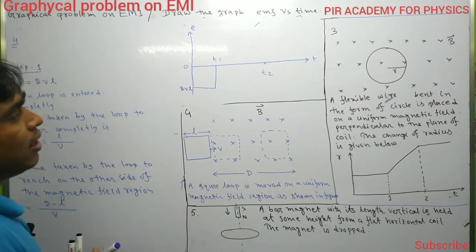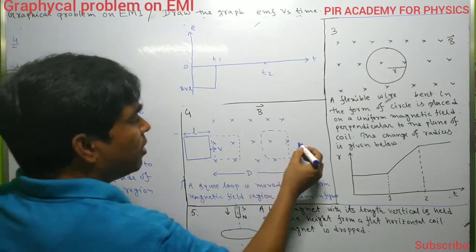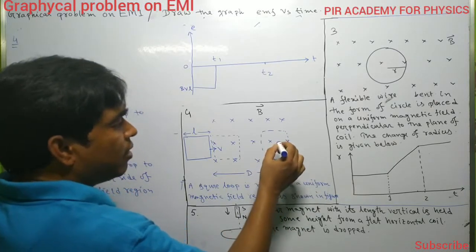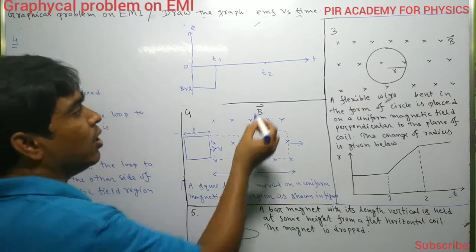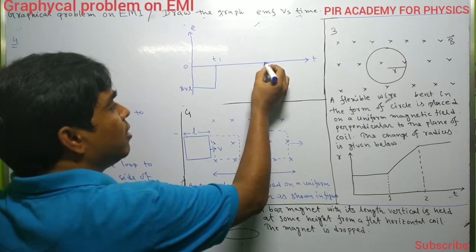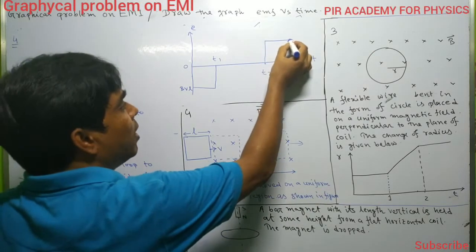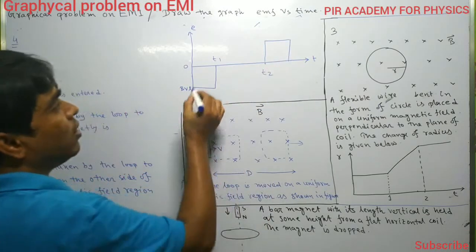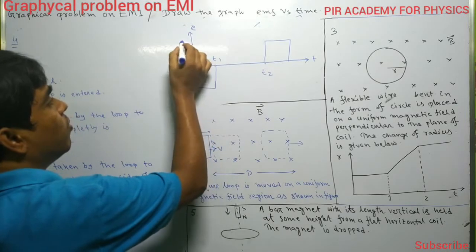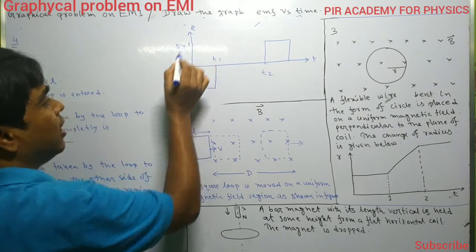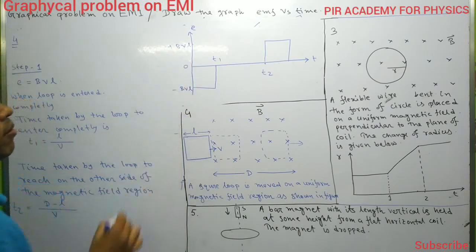After that the induced EMF is generated because of the change of magnetic flux, so this will be a positive value, and this is BVL, this is minus, this is plus.